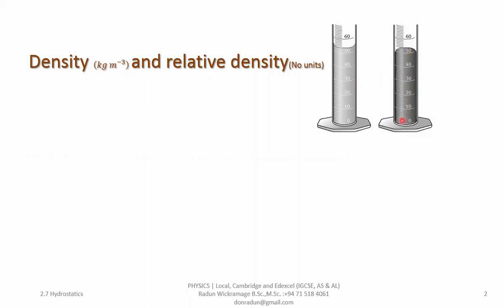You have taken the same volume, but you know that the mass or the weight of the fluid will increase if you increase the volume. But you have kept the volume constant and taken the weight, so you can see the mercury is heavier.